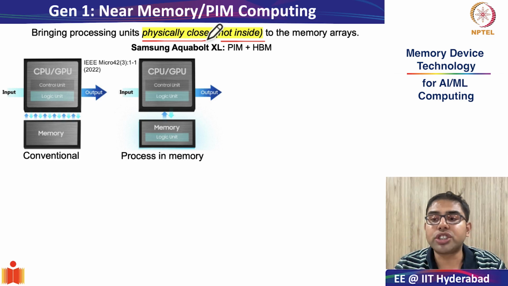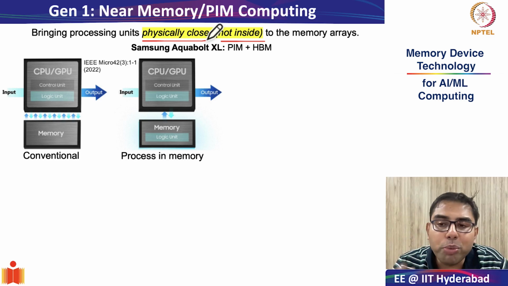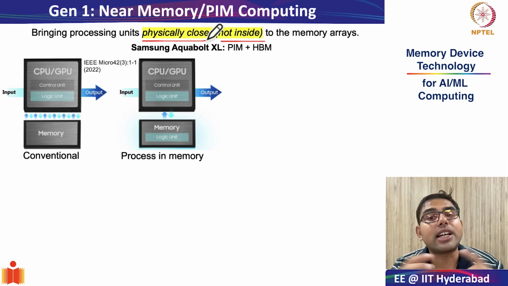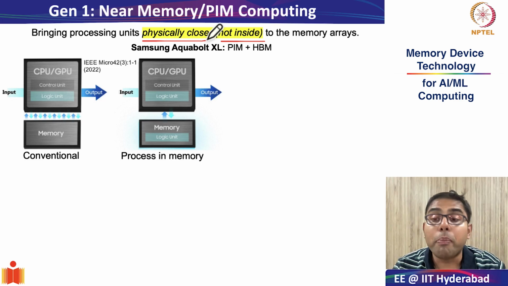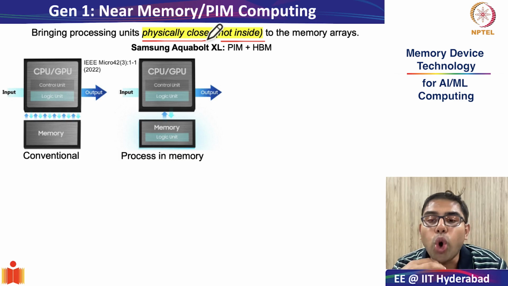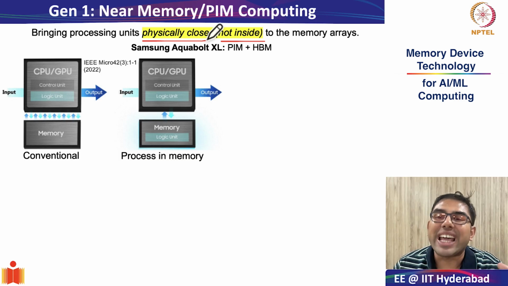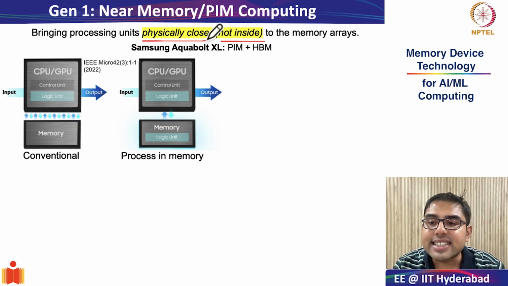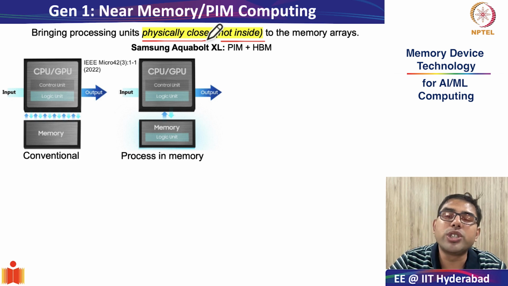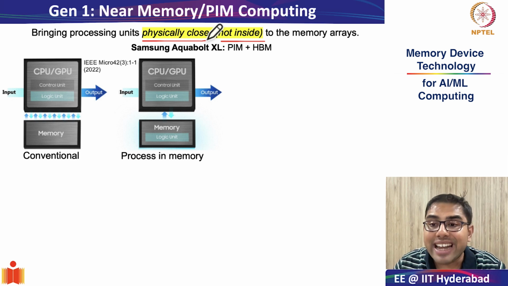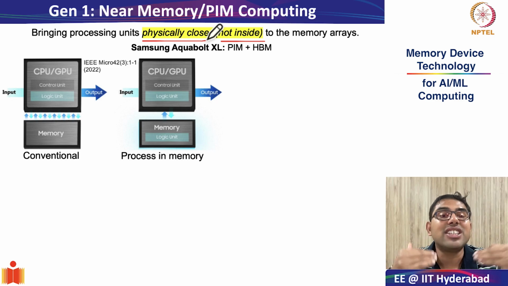So let's talk about this concept, which is much more immediately achievable, and that is near memory computing, or sometimes also called processing in memory or PIM. In this approach, we don't necessarily move the compute inside the memory element. Instead, we bring small logic units physically closer to the memory. Either you bring it inside the memory package, or in the same stack, or in the same die.